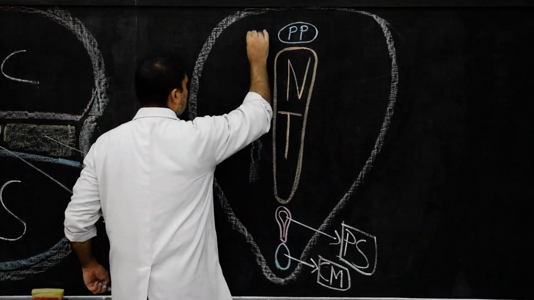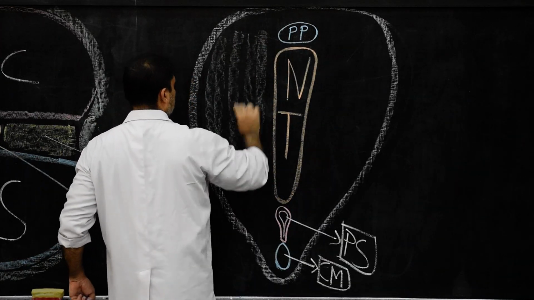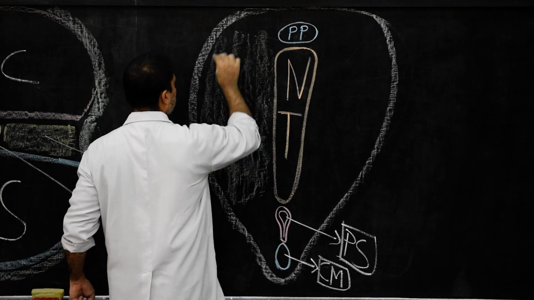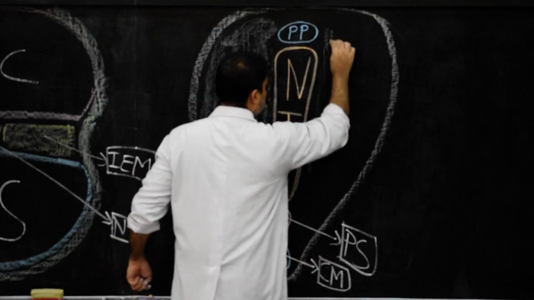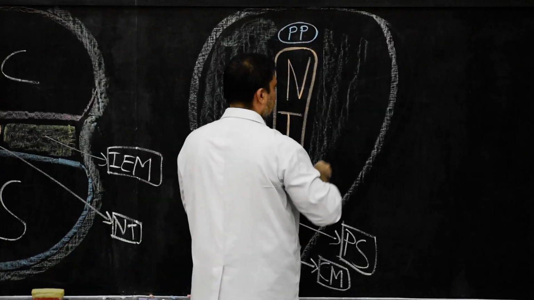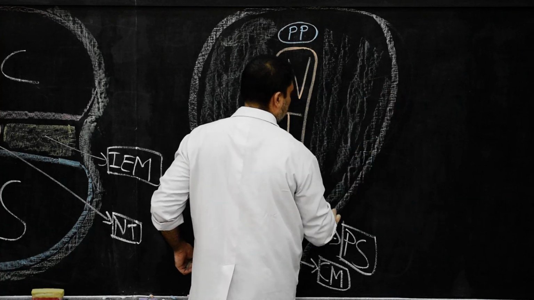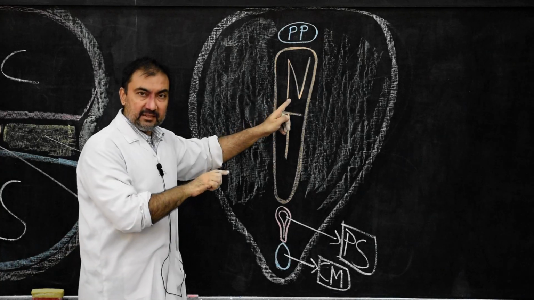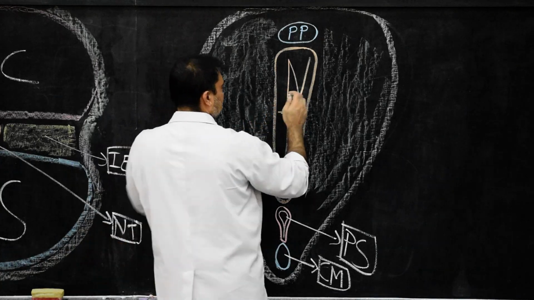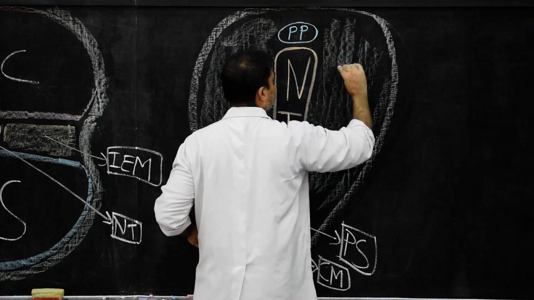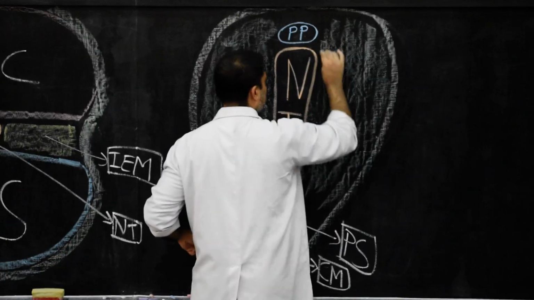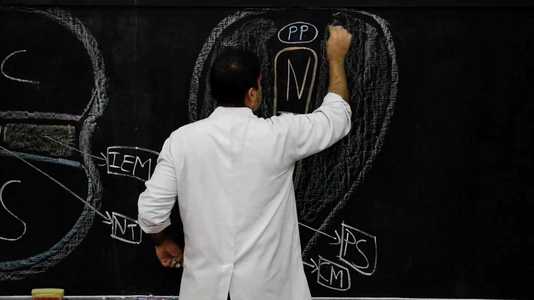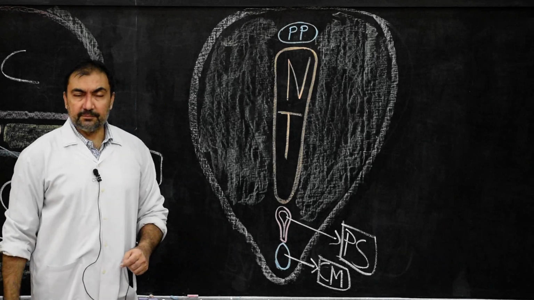I am filling the entire lateral sides of the neural tube. What is present below the neural tube? Beneath it is the notochord. So on either side of the neural tube and notochord, I draw this as intraembryonic mesoderm. So here we complete this. This entire structure is intraembryonic mesoderm.